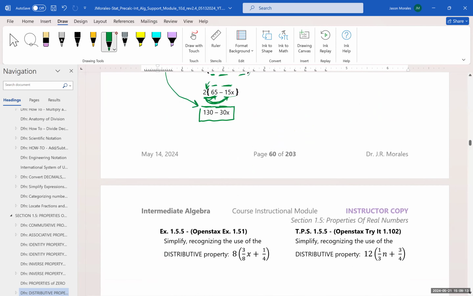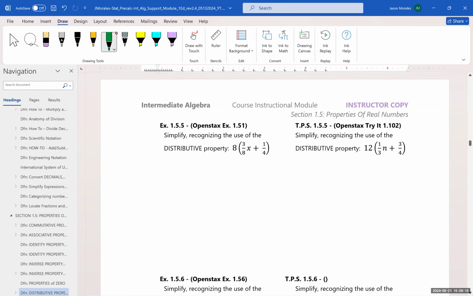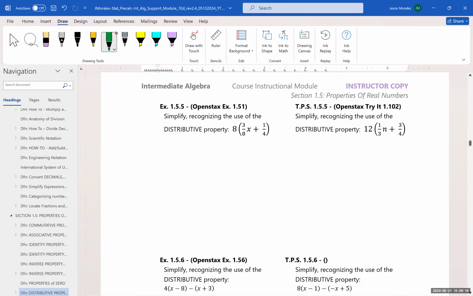So let's take a look at some examples, and you can do some of the think pair shares. Let's simplify this expression using the distributive property. Notice inside the parentheses, we've got 3/8 x plus 1/4. We can't add those together because they're not like terms, but we can distribute the 8 to each term inside the grouping symbol. I'm going to do this a little bit longhand.